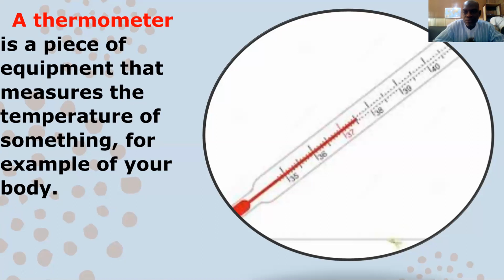When you go to the hospital, before you see the doctor, the nurses have to check your temperature, as I've said earlier on. So the instrument that is used to do that is called a thermometer. Let's proceed to the next slide.